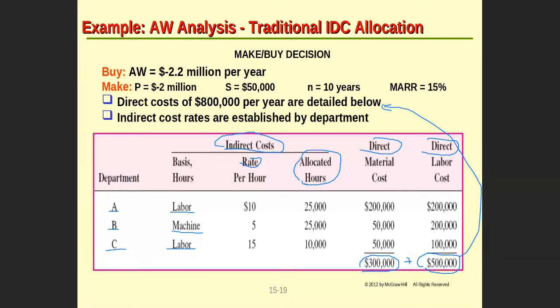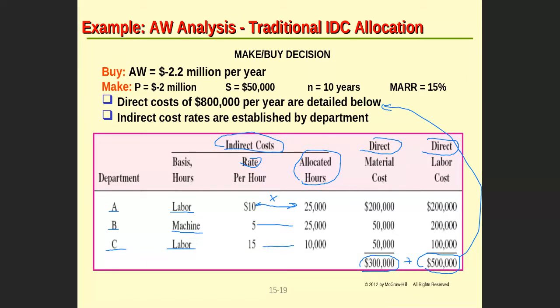And you need to find the indirect cost, which is basically the multiplication between the basis count and the rate, because when you have $10 per hour and you have 25,000 hours, the cost for the labor on department A will be equal to the multiplication of the $10 and 25,000, the same for the machine, and the same here for the labor for department C.